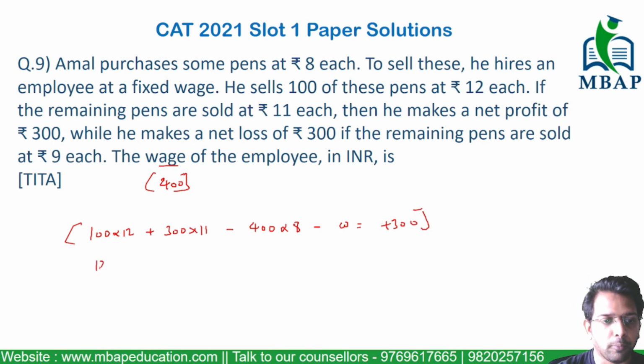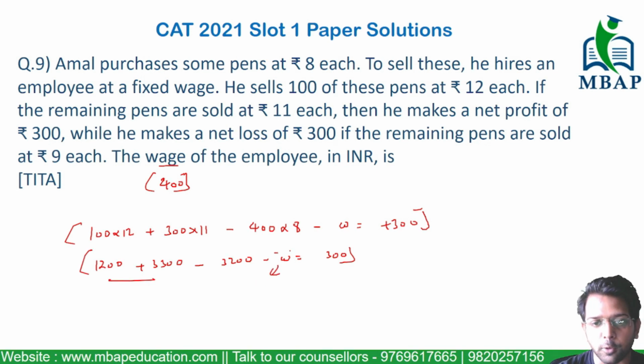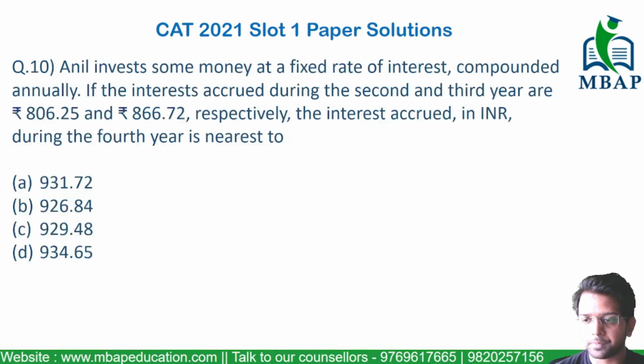So this value will become 1200, this value will become 3300, this is 3200 plus wage, and the difference should be equal to 300. Now if you solve this for the wage W, the wage or the remuneration for this employee will come out as 1000 as the final answer. Easy question which you should solve really well in the examination.